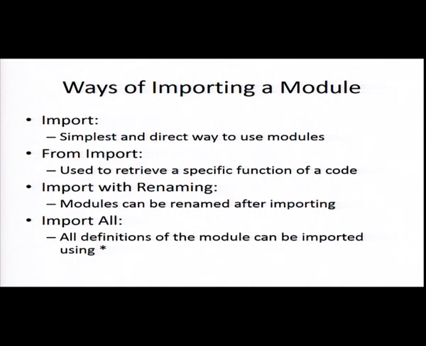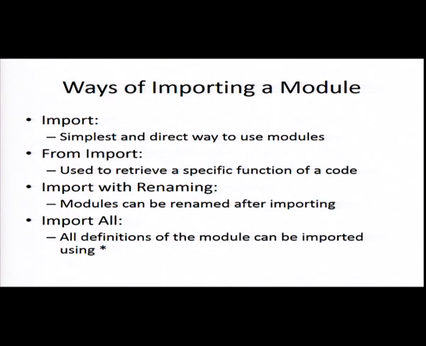So, that is called import all. My dear viewers, an important question is: what are the ways in which modules are imported, or list the 4 different ways of importing a module. One is import, the generic import. Second is by using the from keyword, from import. Third is import with renaming. Fourth is import all.